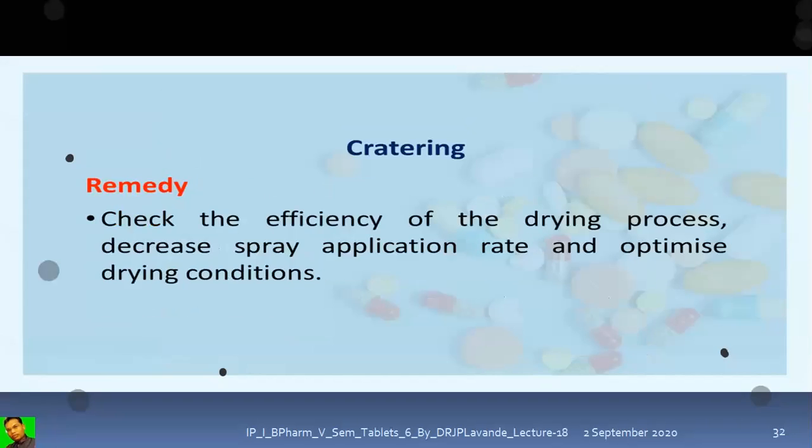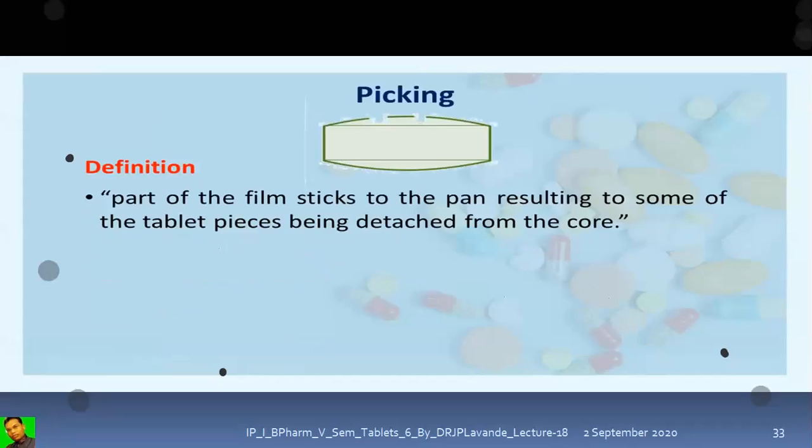The remedy is to check the efficiency of the drying process. We have to monitor, adjust, and optimize the process of drying. We need to decrease the spraying application rate, or we need to go for spraying instead of pouring the coating solution, and we need to optimize the drying conditions. So these are the remedies in order to avoid cratering.